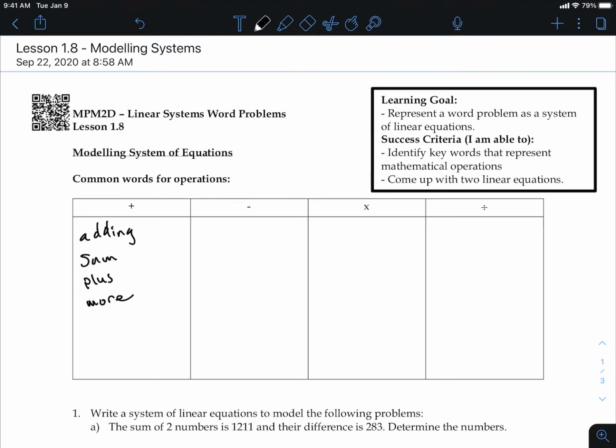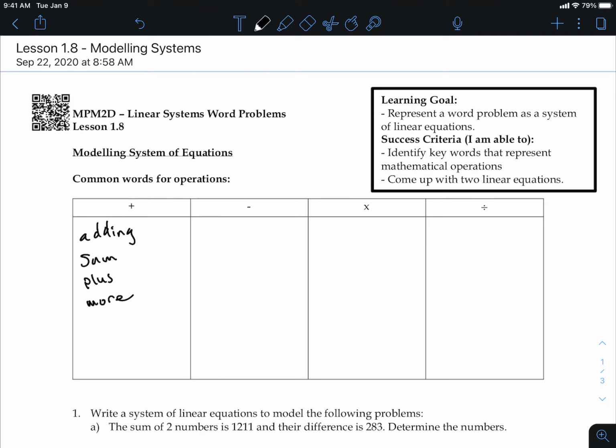Can you guys think of any more? Sum, plus. What was the last thing you wrote? More.